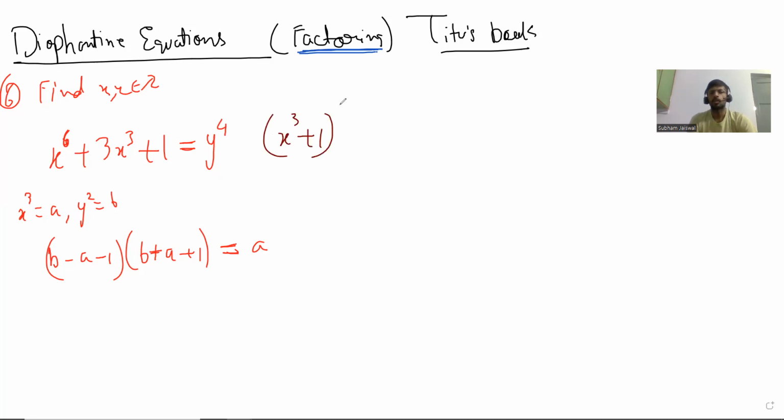Hmm. x cube plus 1 whole square plus x cube. Yeah, this is what it is. We can try something like this. I've not written it as a fourth power, but x cube plus 2 whole square.